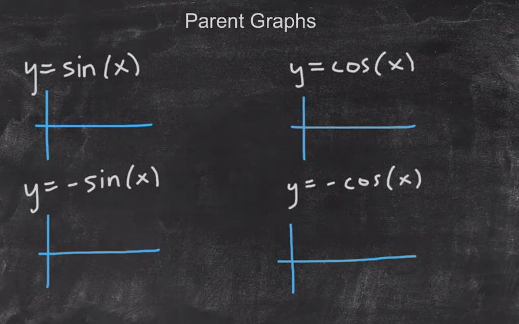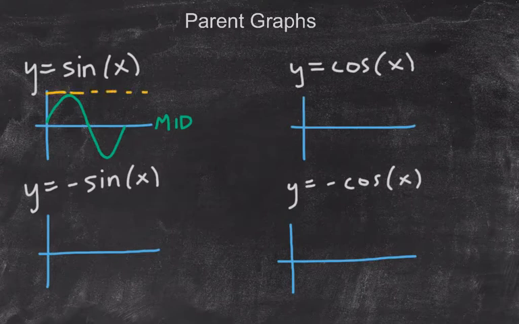If I have a sine curve with a positive amplitude, I'm starting at the midline, going up, down, and ending at the midline. So there's my midline. I've got a maximum y value up here, and a minimum y value down here.